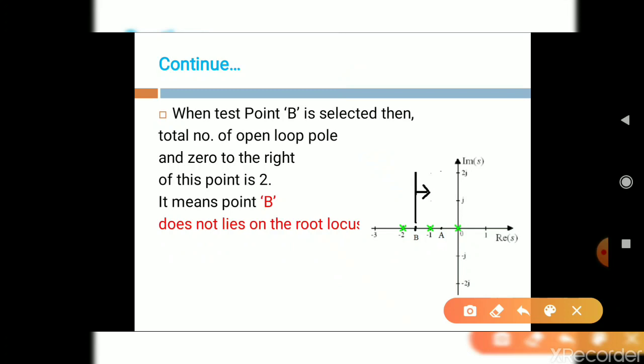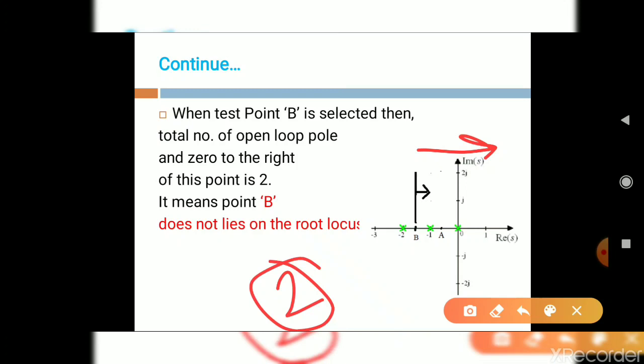At any point you can consider the point B and count the open loop poles and zeros towards the right side from point B. Here the count is 2, meaning 2 poles are present on the right side of point B. This 2 is an even number, so the root locus does not lie there.